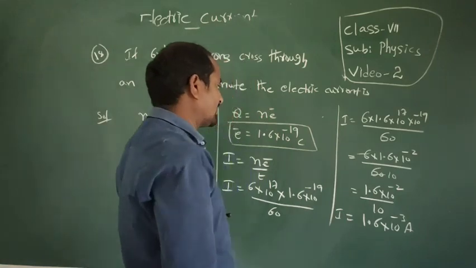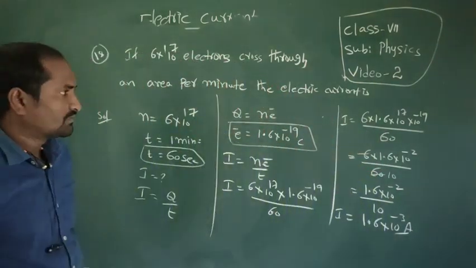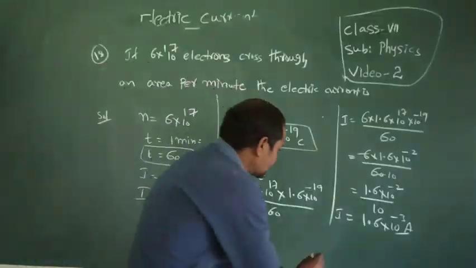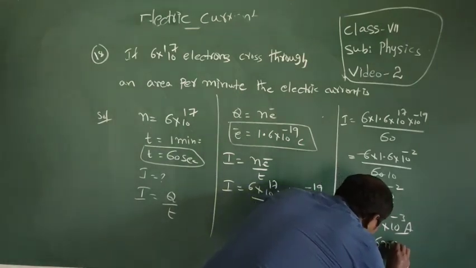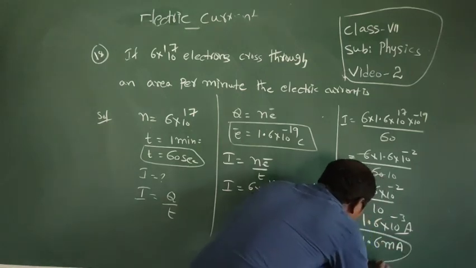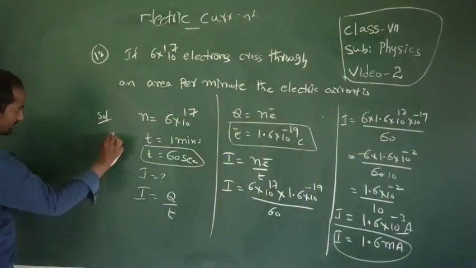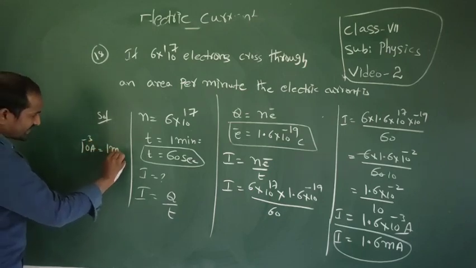It is the I value. Or we can write like this also: 10 power minus 3 ampere equals 1 milliampere. So electric current I equals 1.6 milliampere, because 10 power minus 3 ampere equals 1 milliampere.